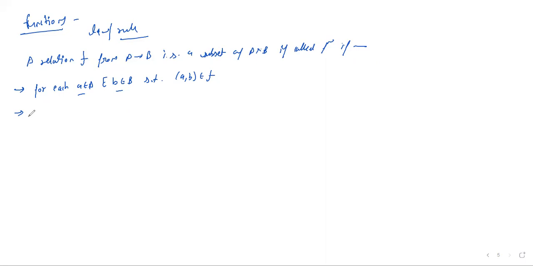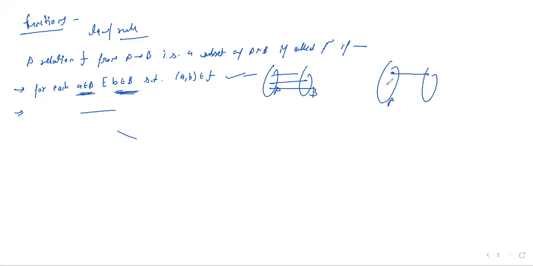By saying this, I mean that an element of A has a unique image in B. Or we can say that all elements of set A are associated to elements in set B, and an element of set A is associated to a unique element in set B.